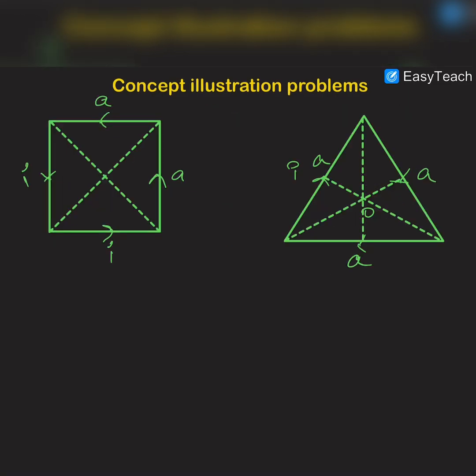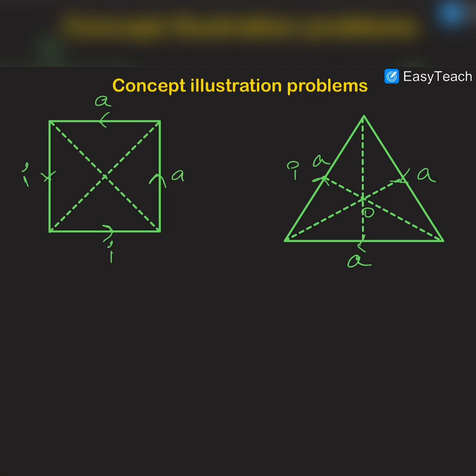In this question, you can see that there is a cyclic polygon, and this is a four-sided regular polygon, which is also a square, and this is a cyclic three-sided polygon, which is also a triangle, an equilateral triangle.